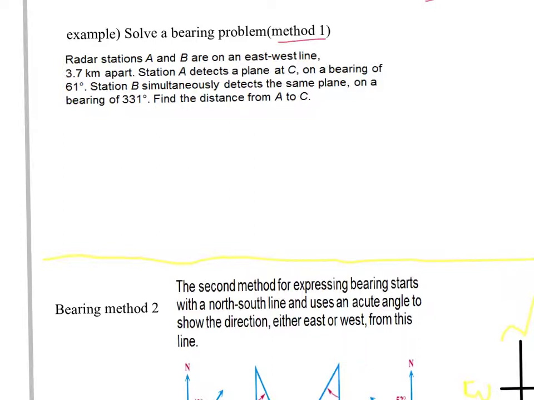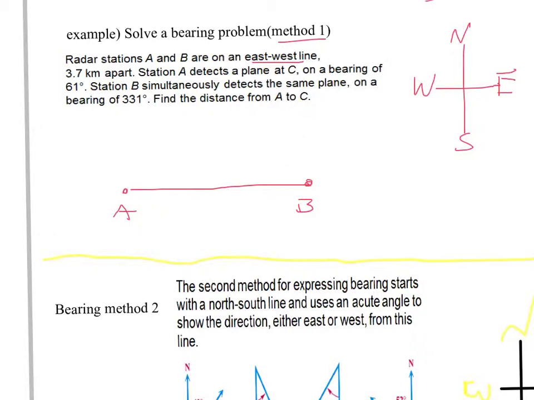Method 1. Radar stations A and B are on an east-west line, 3.7 kilometers apart. So you're going to go ahead and start with A and B on an east-west line. Now, if you're a little rusty, north, south, east, west.